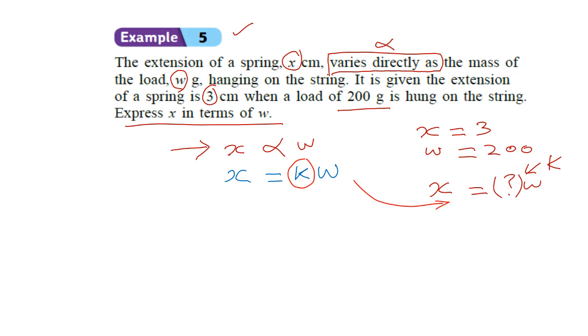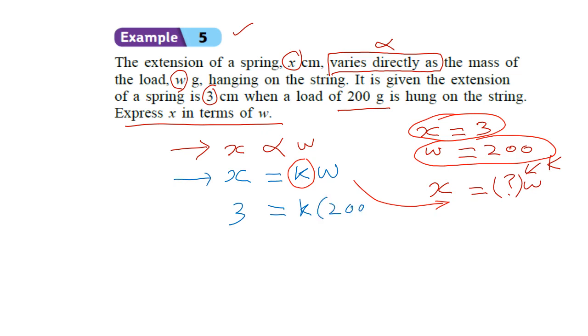How to find K? Here, it's given x is 3, W is 200. So you just substitute inside here. So x is 3, K is the one that you want to find, and then times 200. K is 3 over 200.